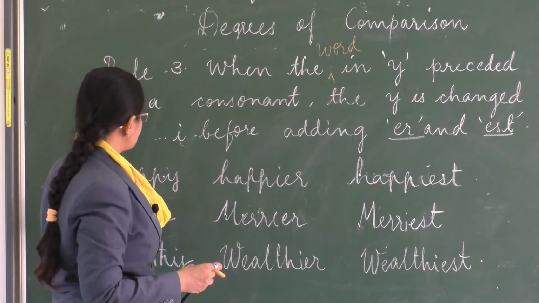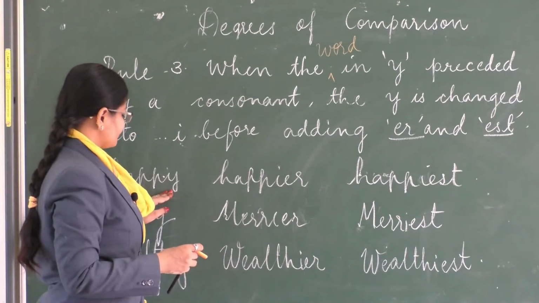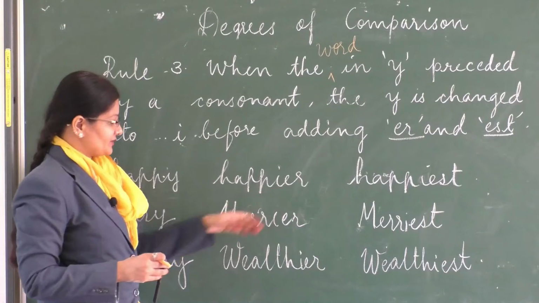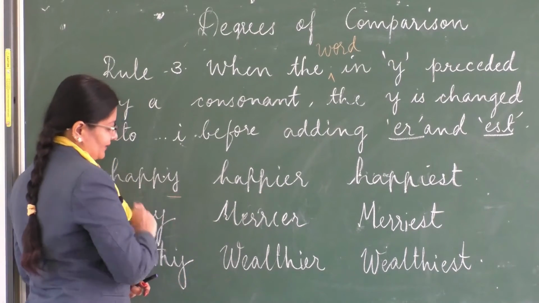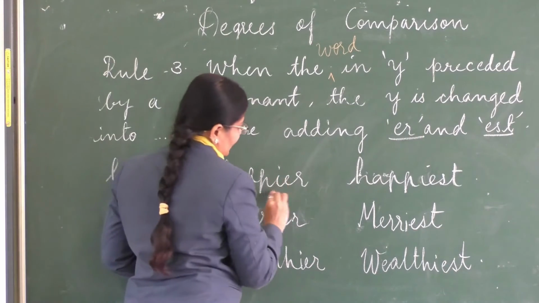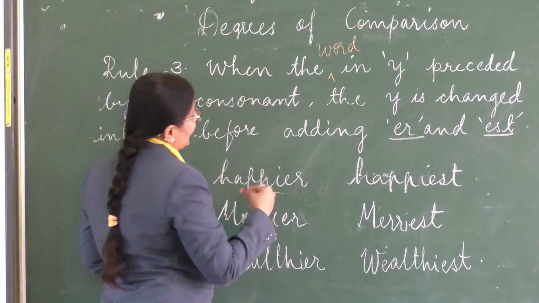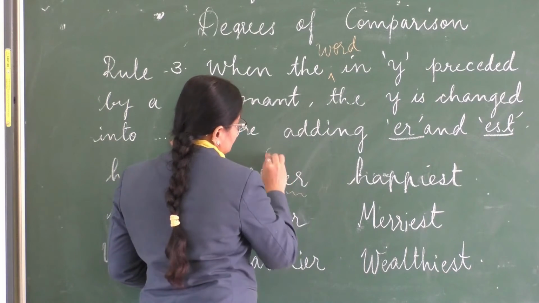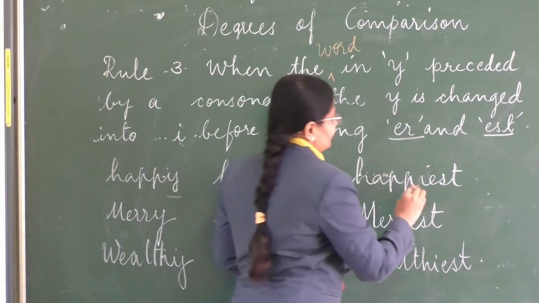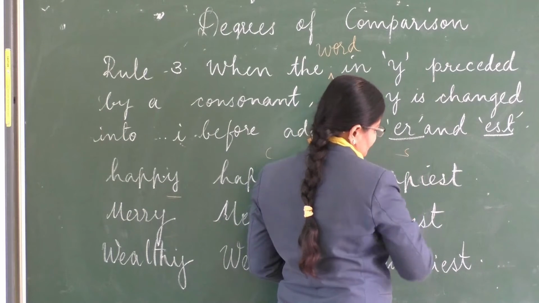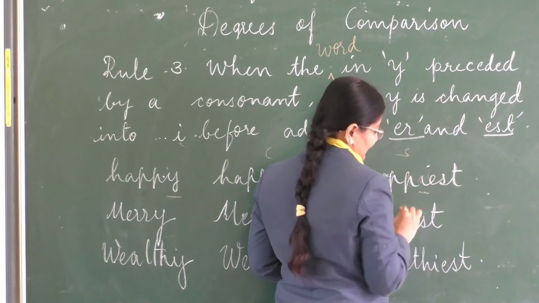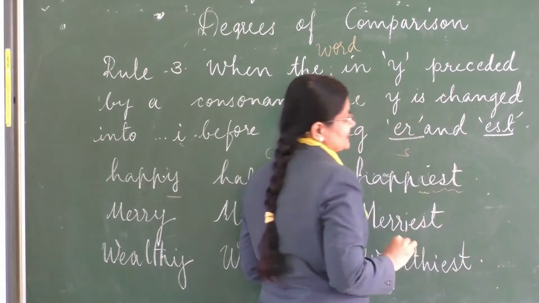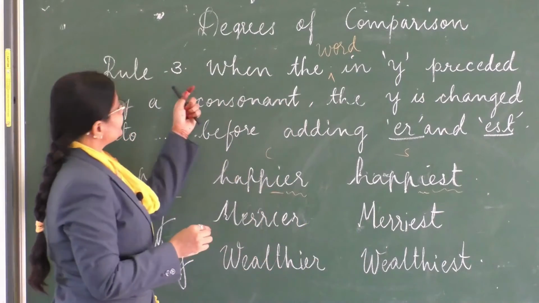Here it says happy, happier. If you see, the y here is replaced by i, right? And then er to make it comparative degree. Then for superlative degree, y is replaced by i and est is added. So this is rule number 3.